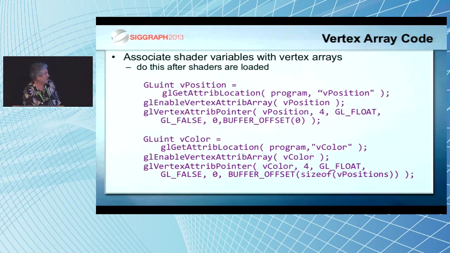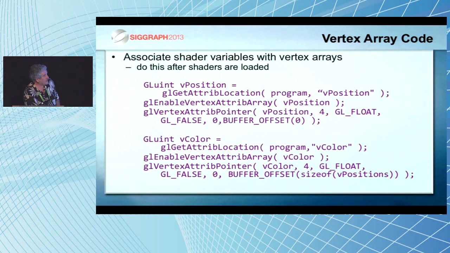You're just saying when I render, only use the ones that have been enabled. And finally, I have to tell the system what format they're in. So this is saying that vColor, similarly up here, are 4-element arrays. They're of type GL float. I'm allowed, if I want, to normalize those automatically, which we're not bothering to do.